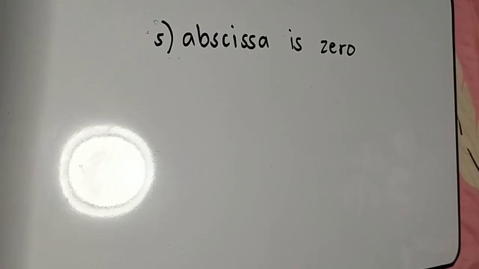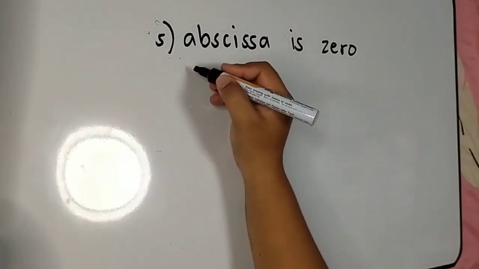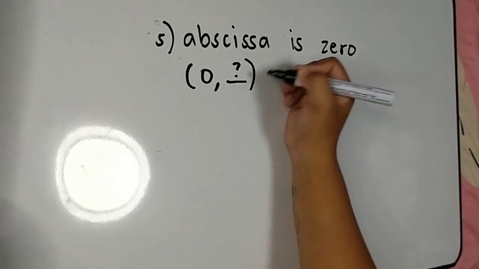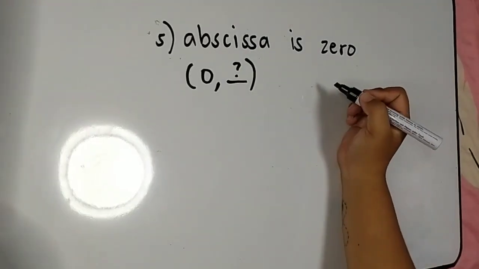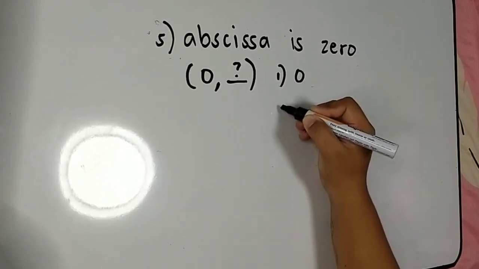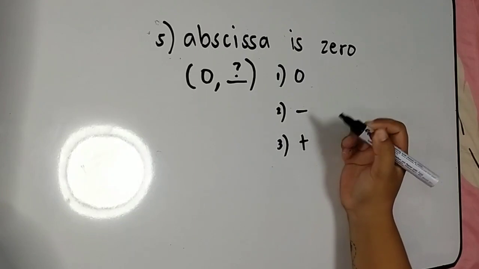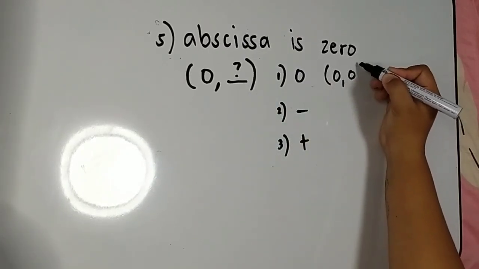Last example, we have abscissa is 0. So, abscissa, again, that is x coordinate. So, si x daw ay 0. Si y, wala pang mga values. So, ano yung mga possible values ni y? So, pwedeng maging 0, negative, and positive. So, pag 0 si y, ang coordinates ay 0, 0.